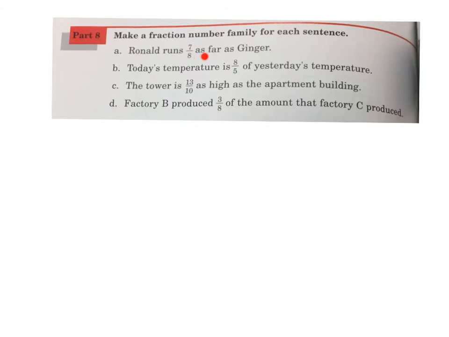We know that 7/8 is less than 1, and since it's less than 1, Ronald will be the small number and Ginger will be the big number. And what we're looking for is the difference between how far they ran.